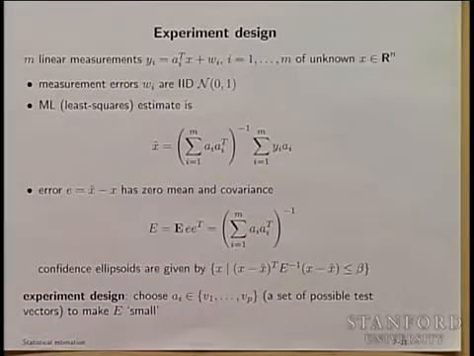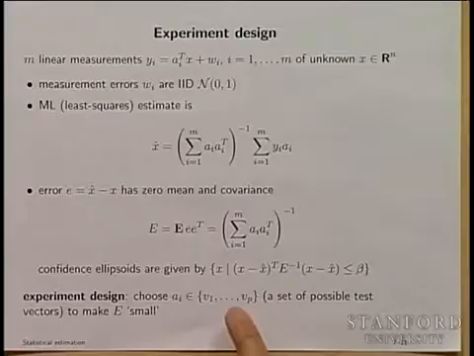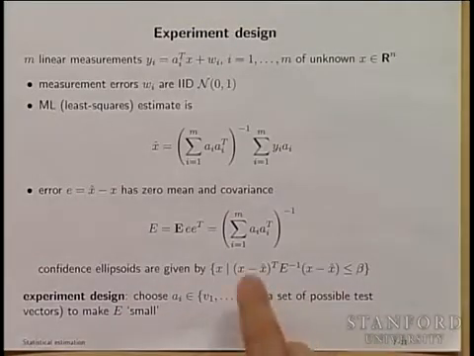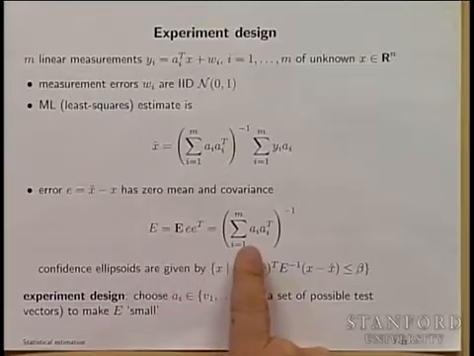Okay, so experiment design is this. I give you a palette of possible experiments you can carry out. We'll call those V1 through VP. Your job is to choose some number of experiments that will make this error covariance matrix as small as possible.